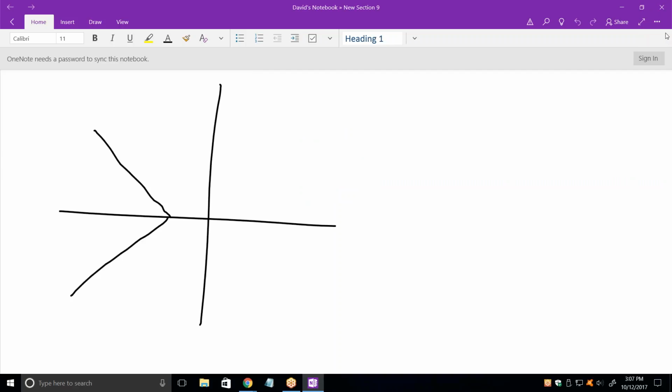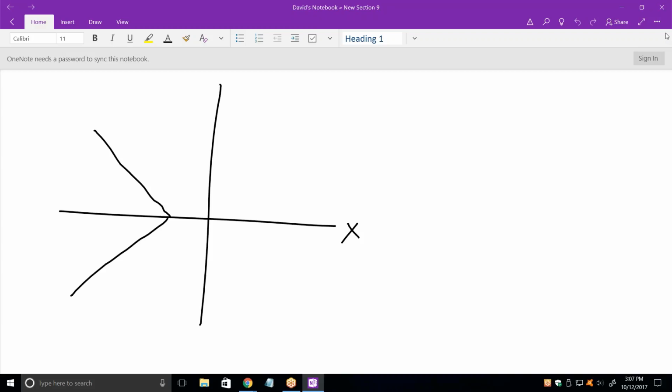For it to have symmetry, it has to look the same way. If you fold it over the x-axis, it looks exactly the same. So you definitely have symmetry with the x-axis.